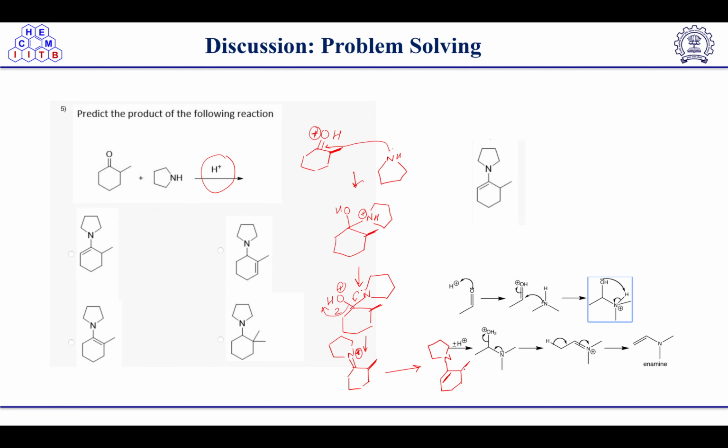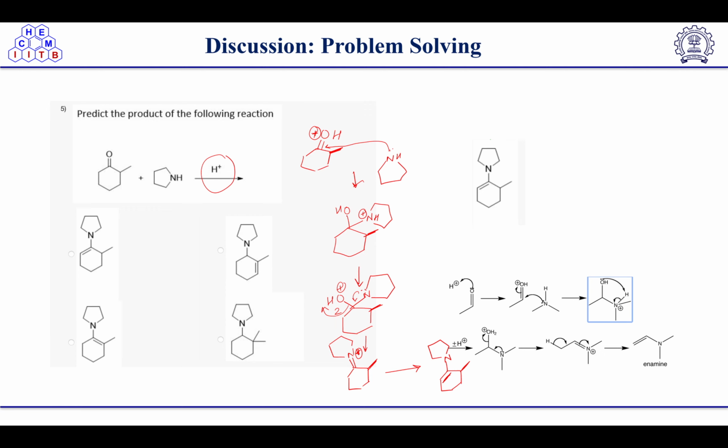Why from the less substituted side? Because of the bulky base or a hindrance factor. So proton abstraction from the less substituted side is easier. So you have to take care of the base or what things you are using in the reaction. So this is a Stork enamine reaction.